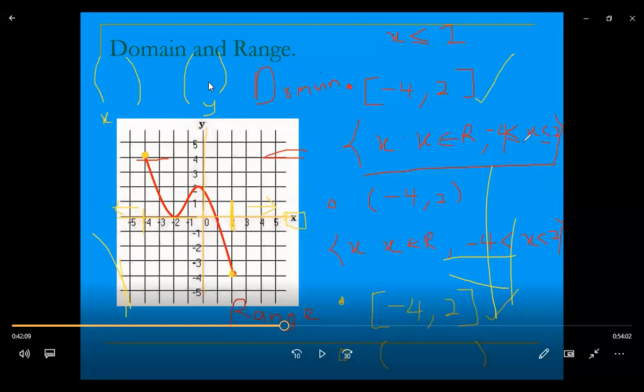Sir, please, I don't understand some concepts. Under the vertical axis and the horizontal axis, the points met at the vertical axis, which was the -4 and the +4, and on the other side, the -4 and the +2.